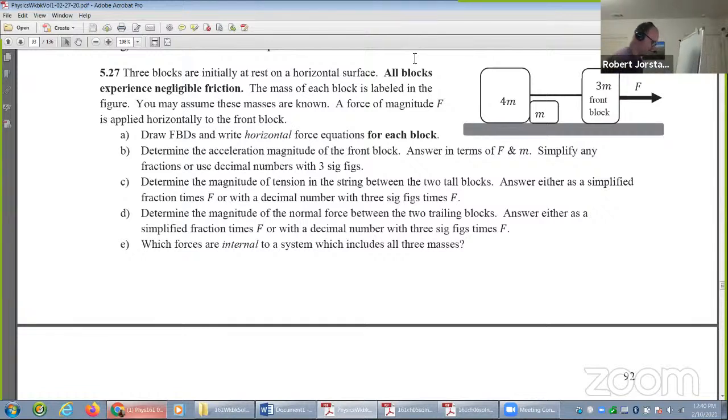Just going to get my head wrapped around this problem, 5.27.